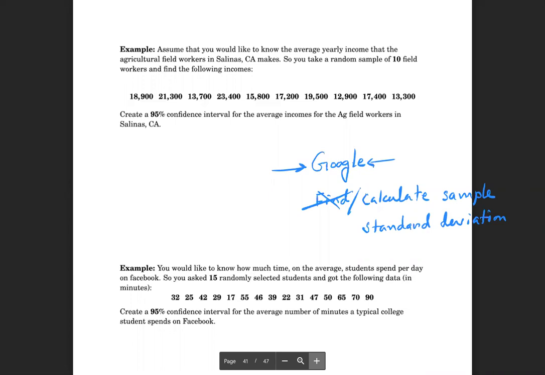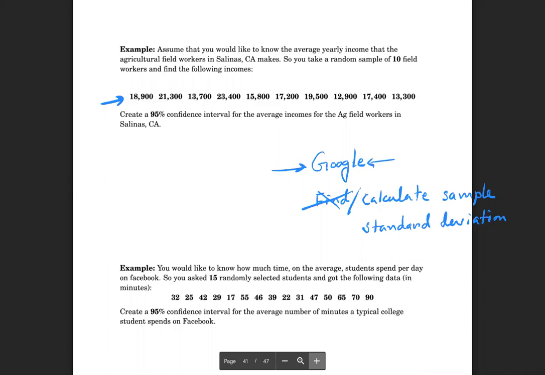So you need to search for it. You'll find several websites. There are quite a few of them. You can just plug in these numbers. They'll give you instructions how to enter these numbers, typically separated by comma. Then you calculate it.